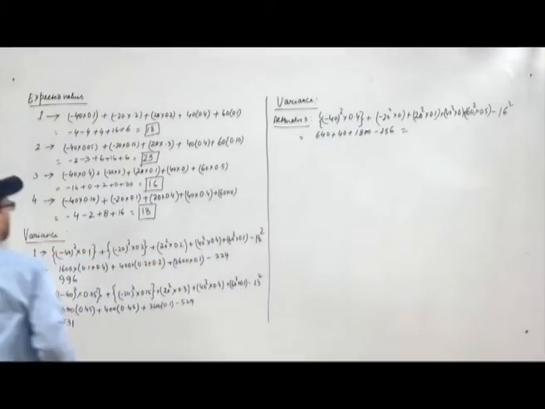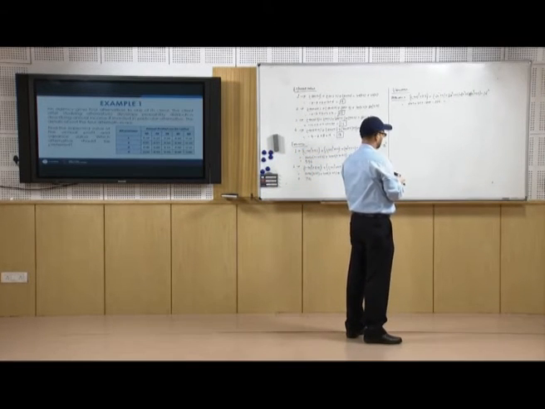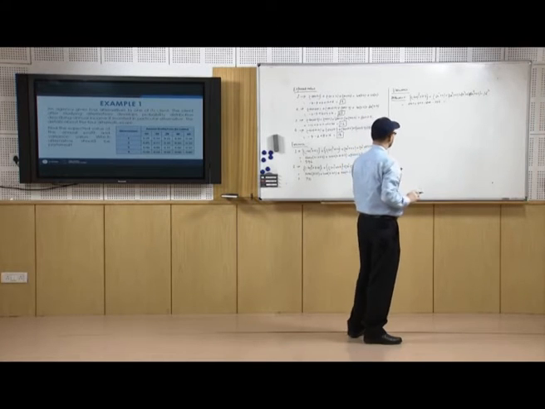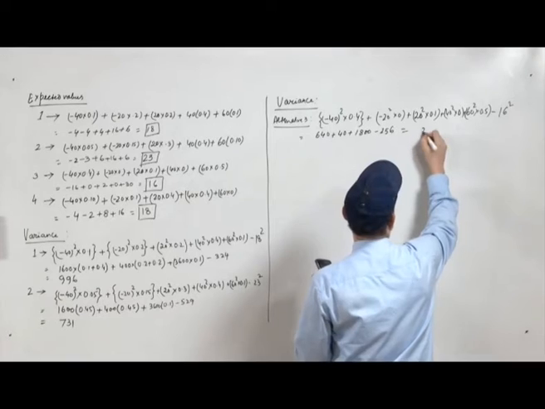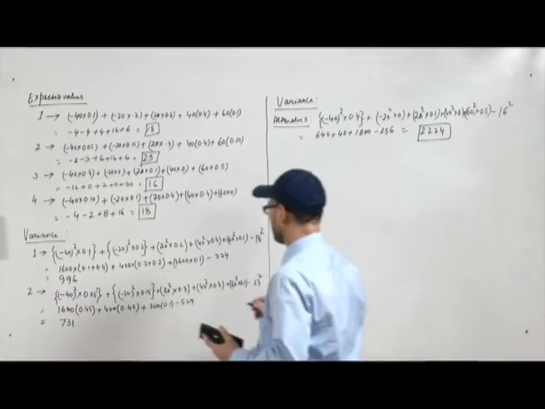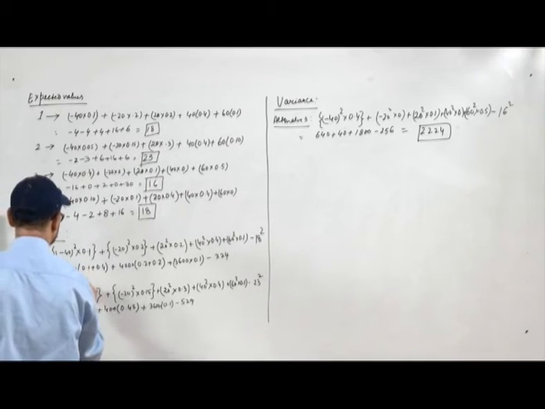This comes out to be 640 plus 40 plus 1800 minus 256. So, it is coming out to be 2224. This is the variance of the third one.